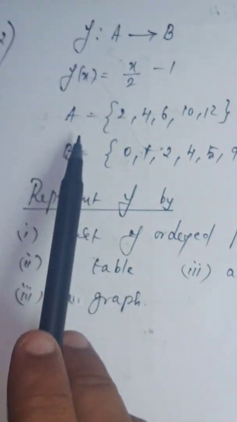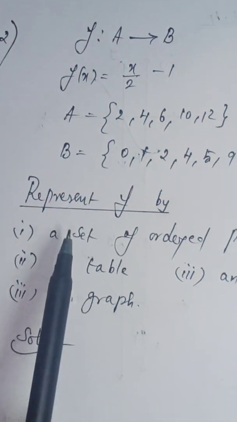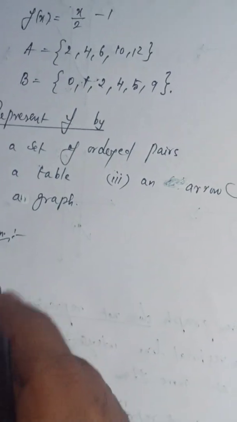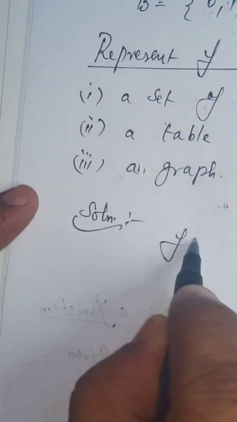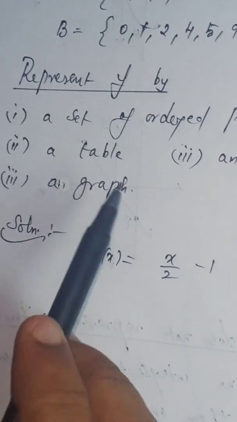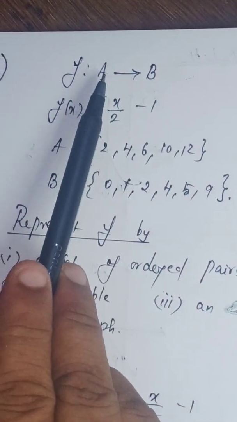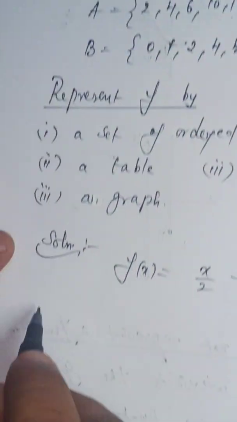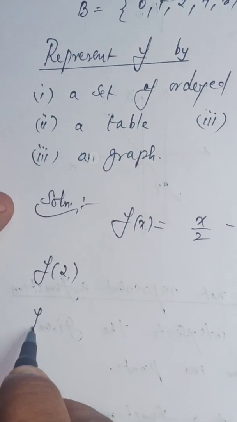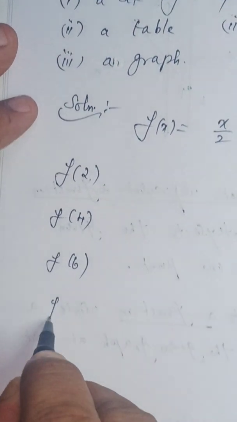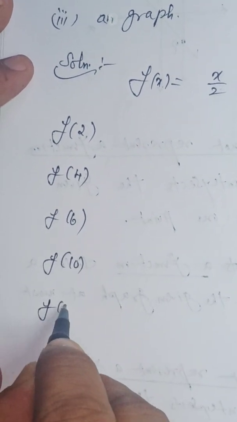So f of x, set A and B are given, then you have to represent ordered pairs, table, arrow diagram and graph. Okay, listen. f of x is equal to x by 2 minus 1, from A to B. What are the elements in A? 2, 4, 6, 10 and 12. So you have to find f of 2, f of 4, f of 6, f of 10 and f of 12.